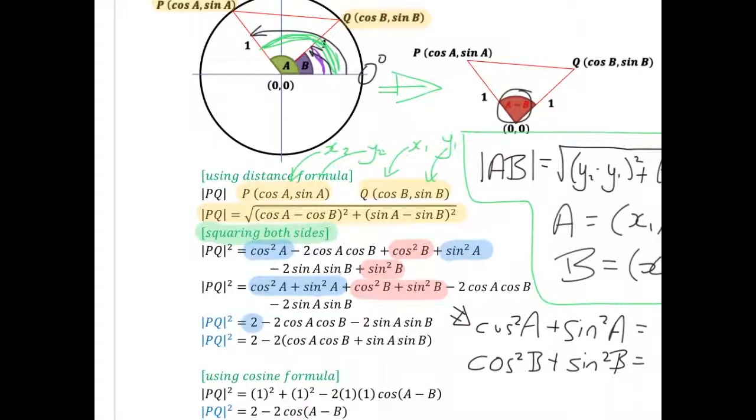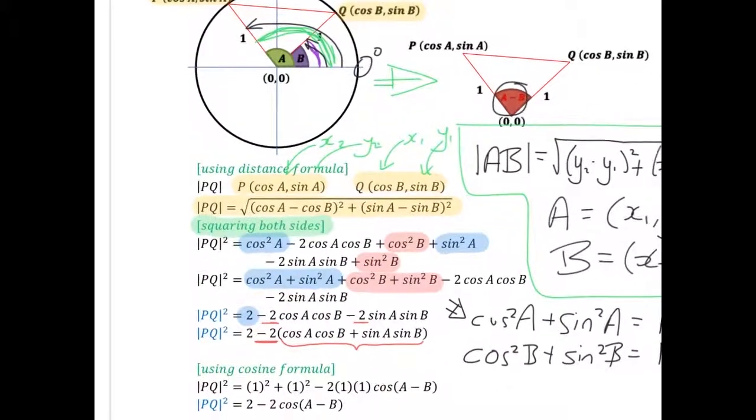So then we just have our remaining pieces, minus 2 cos A cos B, and minus 2 sine A sine B here. And then we're going to take out a common factor of 2 from these terms, to get minus 2 times this.